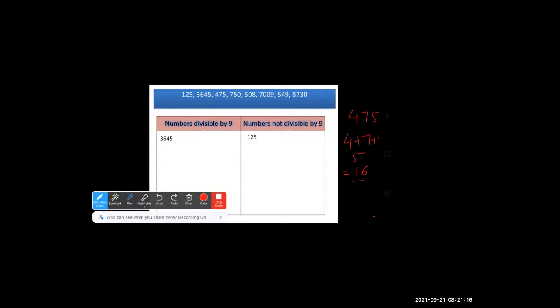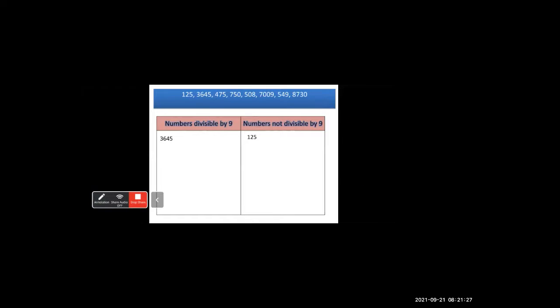Tell me, is this number 16 divisible by 9? No. We all know that 16 does not come in the table of 9. That is why we can say that the number 475 is not divisible by 9. Check the number 750.